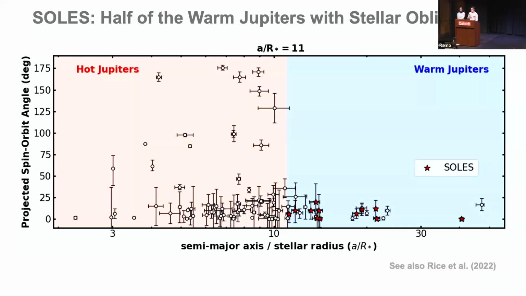But if we want to ask, I would like to mention the sub-Saturns. I also observed a trend for sub-Saturns. That's pretty new, but I would like to share it here.